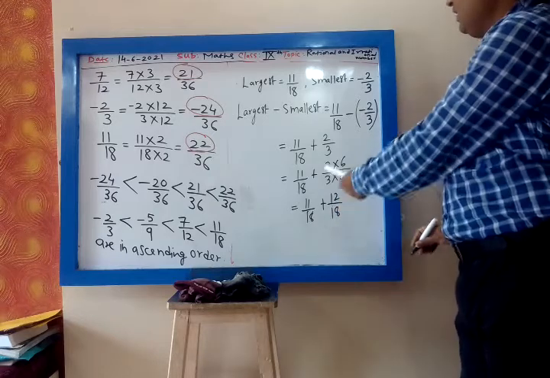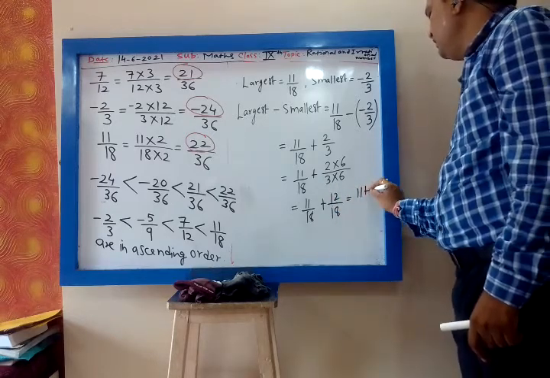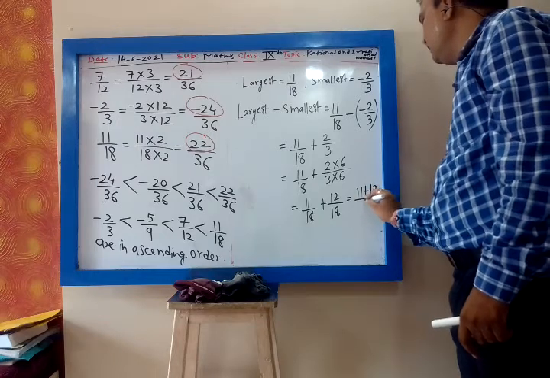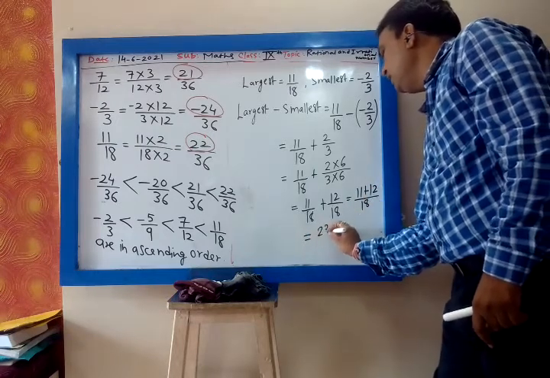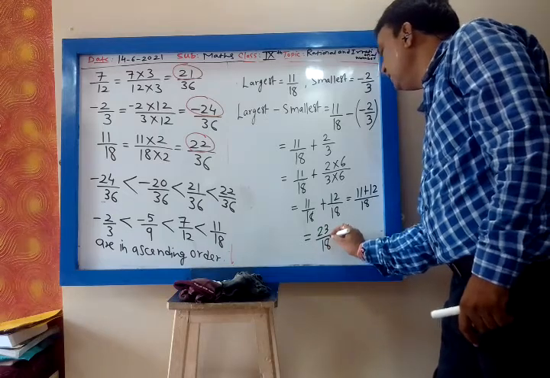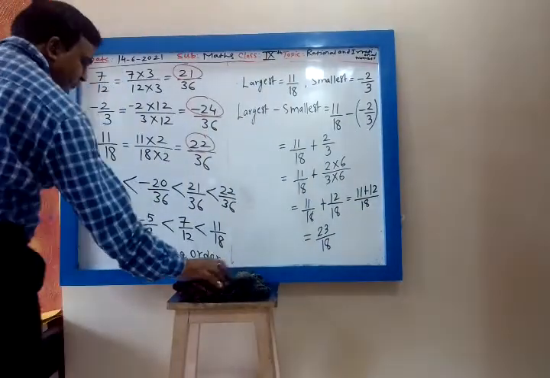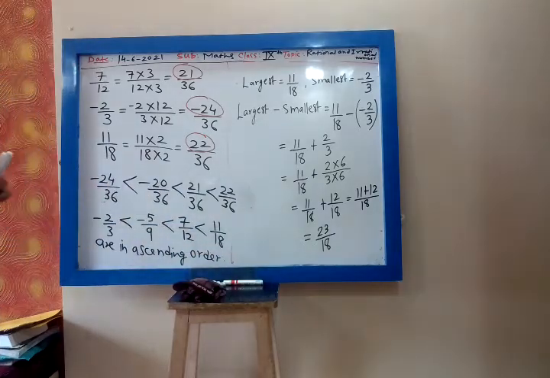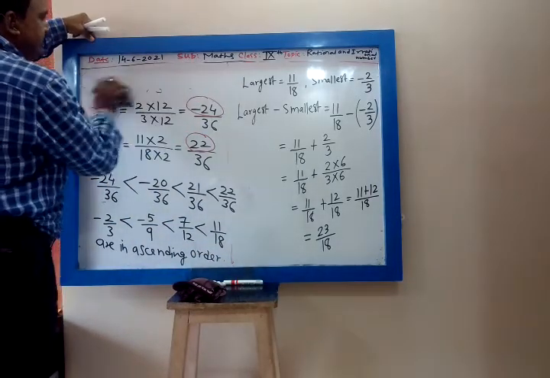Now the denominators are equal, so we can add the numerators. That is 11 plus 12 upon 18. What is that? 23 upon 18 is the difference of largest and smallest.